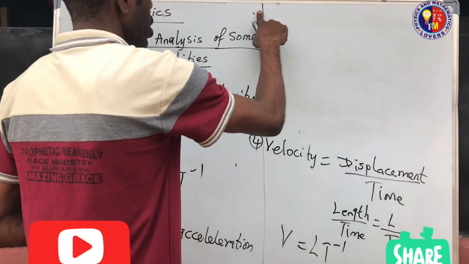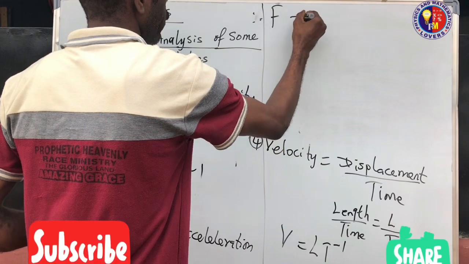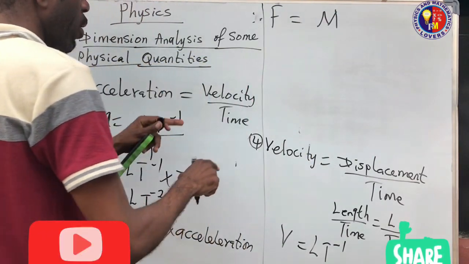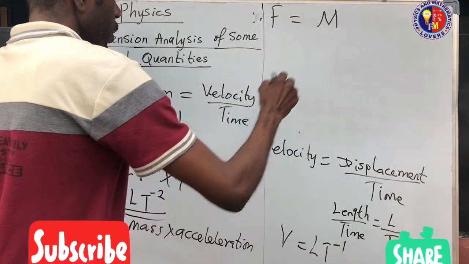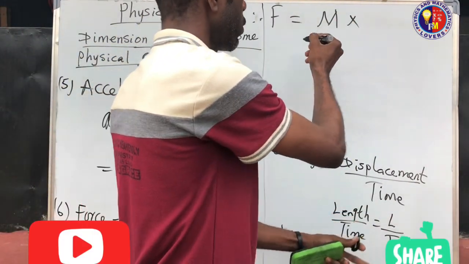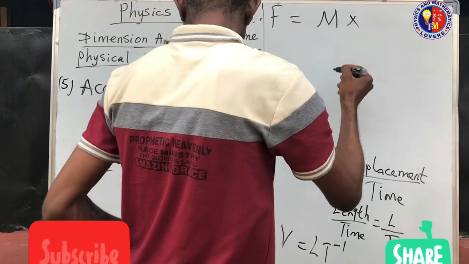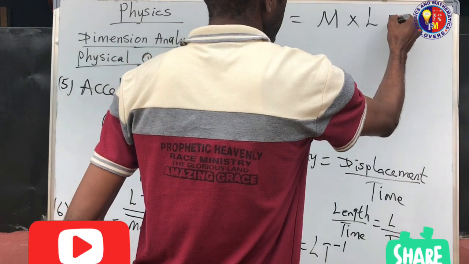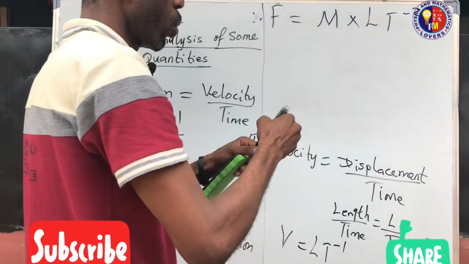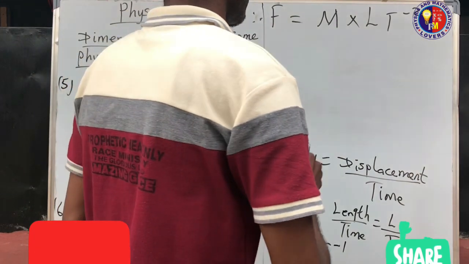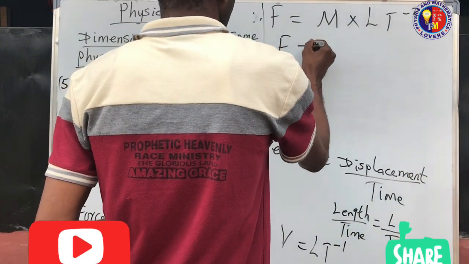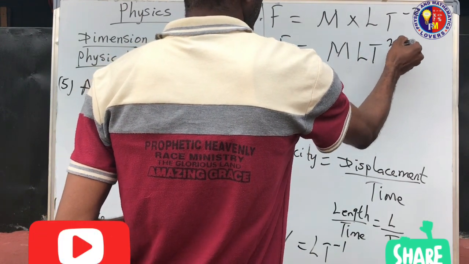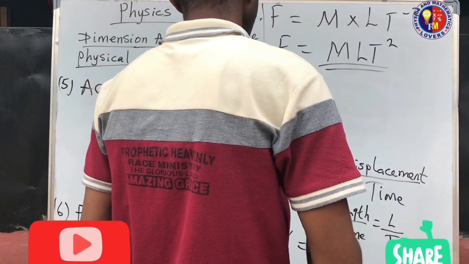So now, your force F is equal to mass, which is capital letter M, times our acceleration here, which is L T minus 2. At the end of the day, your F will be equal to M L T minus 2. This is the dimension of force.